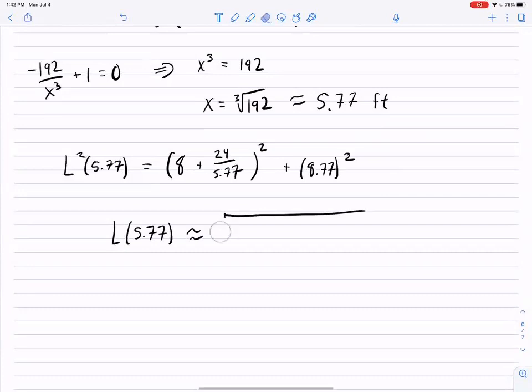If you plug that into a calculator for posterity's sake, 24 divided by 5.77 and then squared, you get 147.85, and then plus 8.77 squared, 76.913.